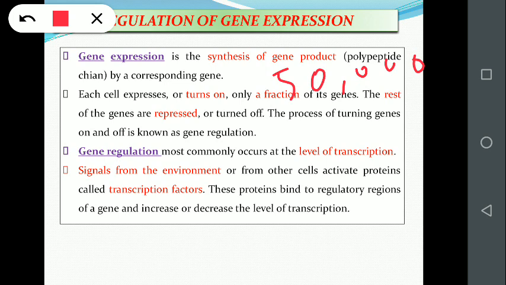Why are some genes switched off, and how are some genes switched on? That is what regulation is. Whenever a specific enzyme or protein is required, only then that particular gene is expressed. That means that gene is switched on and expressed to produce the necessary polypeptide chain only.